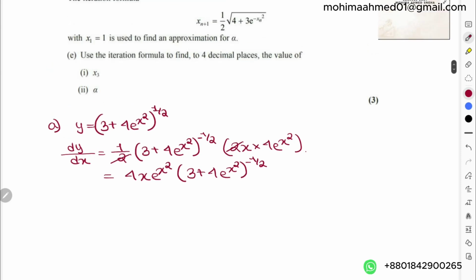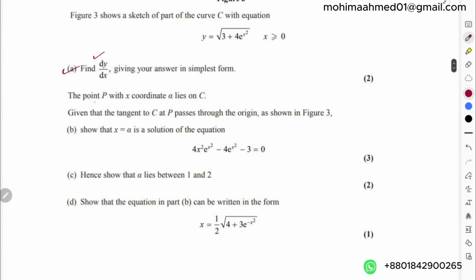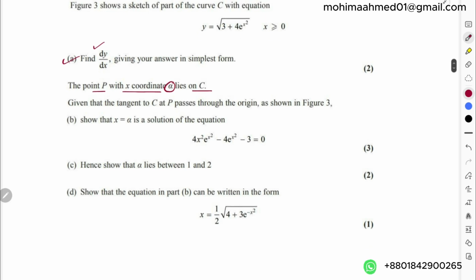After part A, let's move on to your part B. In part B, they are saying that point P with x coordinate alpha lies on C, and given that the tangent to C at P passes through the origin, that means there's already one coordinate (0, 0), show that x equals alpha is a solution for this equation.